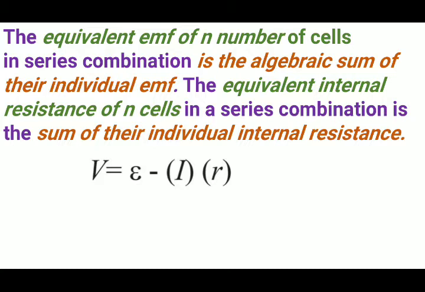So when we have connected these in series, the potential difference across the cells will be the summation of EMF of the individual cells minus current times the summation of the individual internal resistance. This formula we have derived in our last lecture.